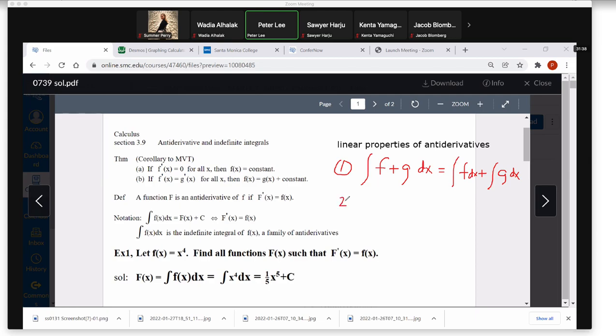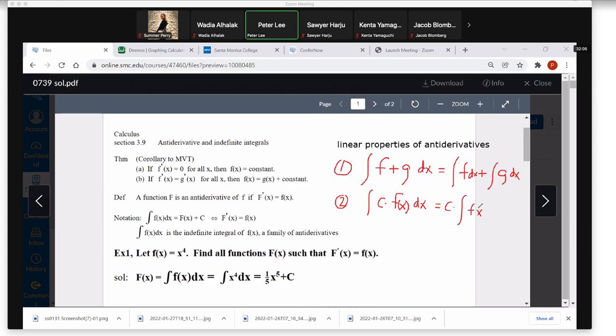Number 2 property is this. If you have a constant, I'm now using the C here for constant, then this is going to be C times the antiderivative of f of x dx.